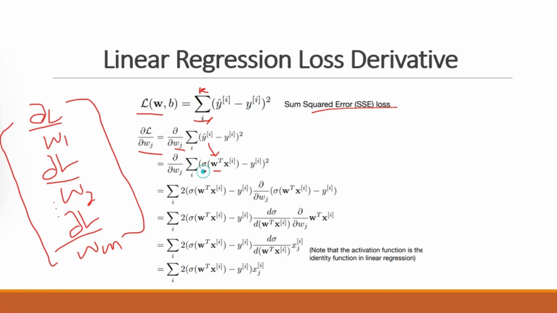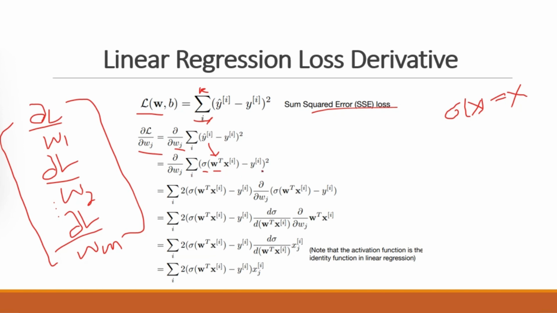I've actually included it here, but maybe ignore this for now. Then we have the activation function, which was just an identity function. I'm writing it more compactly using vector notation, W transpose X.